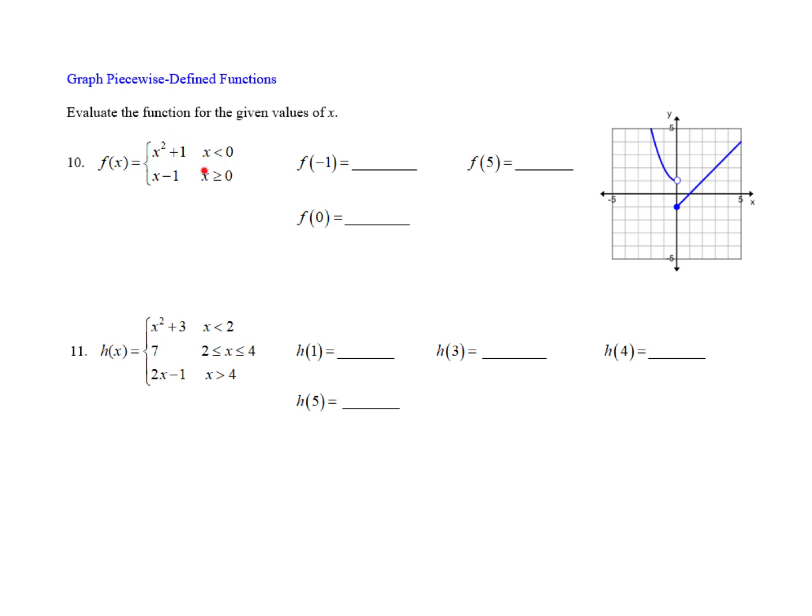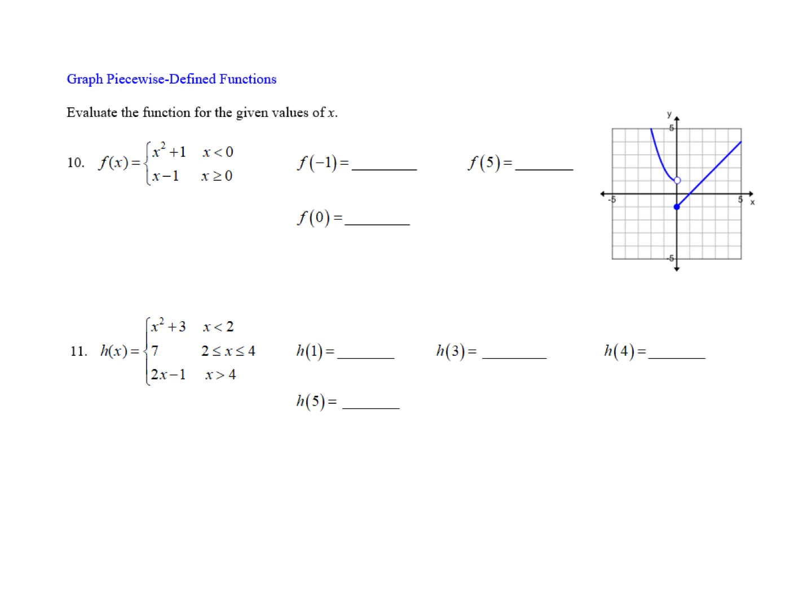For values that are greater than or equal to 0, we're going to apply x minus 1. So it's very key that you're looking at these domain values when you're determining which piece of the function to use. You will never use both pieces of the function on the same problem. You have to choose one. Otherwise, you have repeating x values, and that doesn't work.